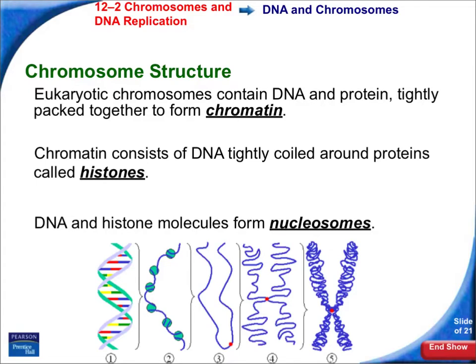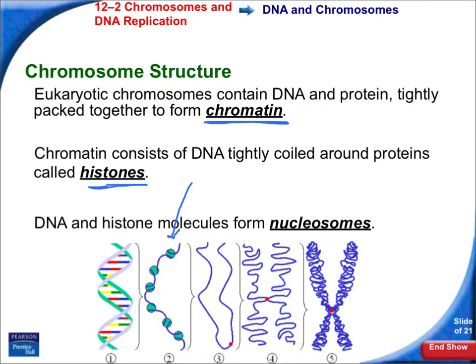Now, eukaryotic chromosomes, during the cell cycle, especially during interphase, will be very tightly packed together in a form that we call chromatin, and they will be made up of proteins called histones. So you can see there's some histone proteins around here, and this is the DNA strand, and it's wrapping around those proteins called histones.